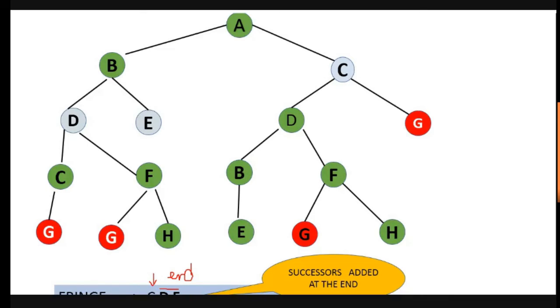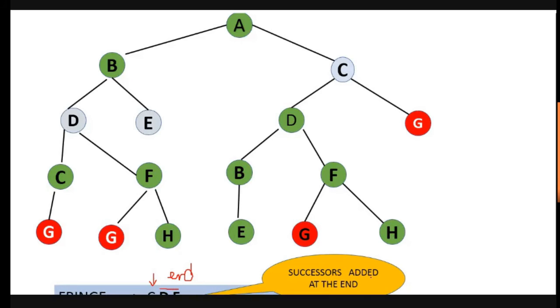Keep this in mind, because every algorithm has some methodology which you have to follow. So in my breadth-first search, the node which is to be expanded is at the start, and the successors are attached at the end.